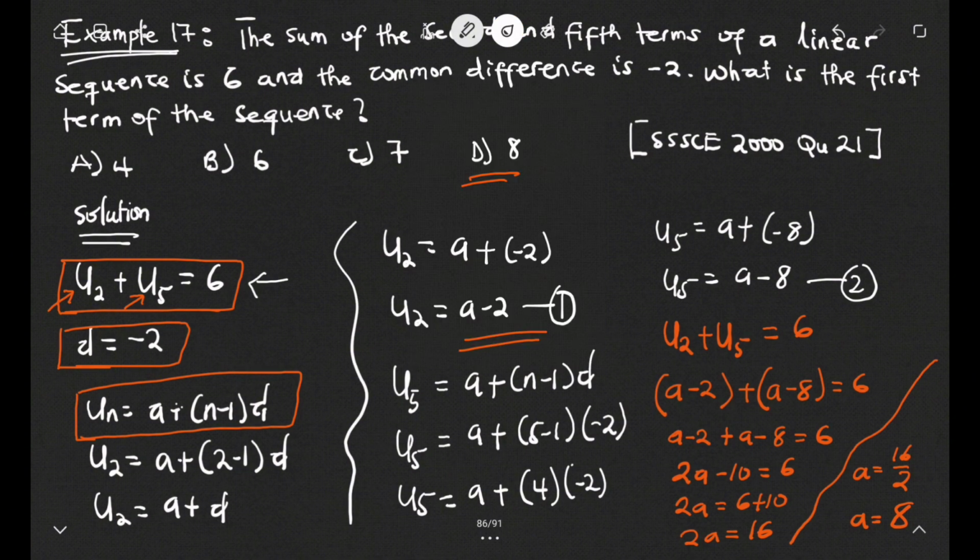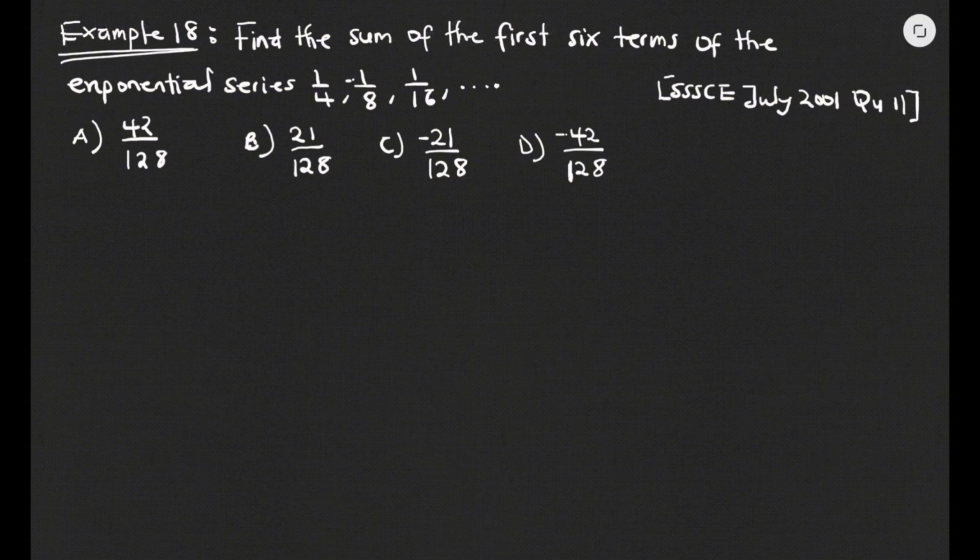All right, so let's proceed to look at example number 18. Now we have to find the sum of the first 6 terms of an exponential series, that is 1/4 as the first term, -1/8 as the second term, and then 1/16 as the third term.